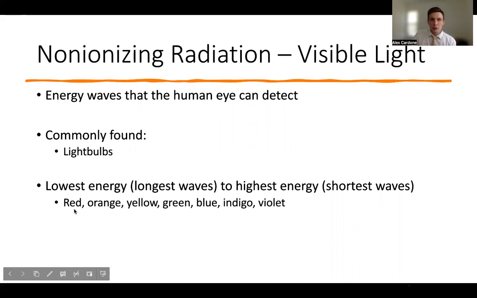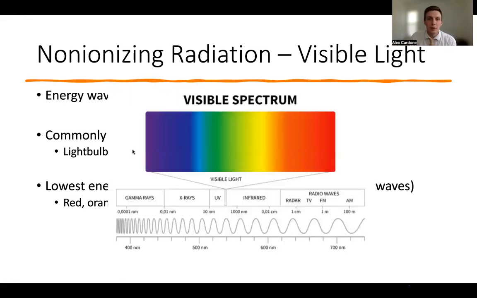From the lowest energy, we have red, orange, yellow, green, blue, indigo, and the highest energy being violet. So it's good to know, though it's not the most important thing to know. We can see here, it flipped from the one I showed you originally, so I apologize for that.